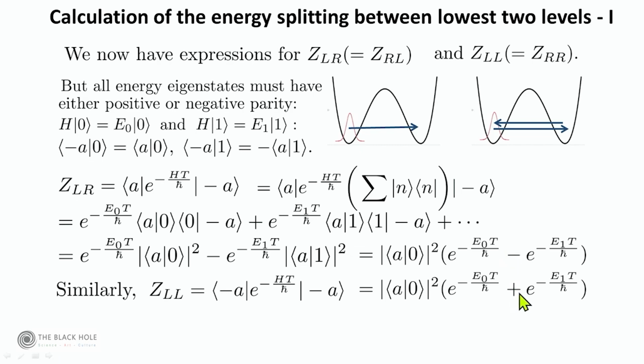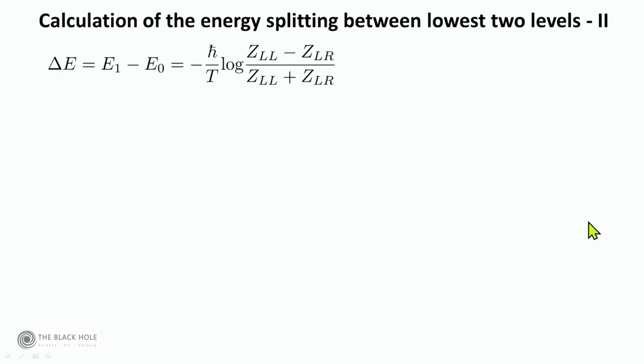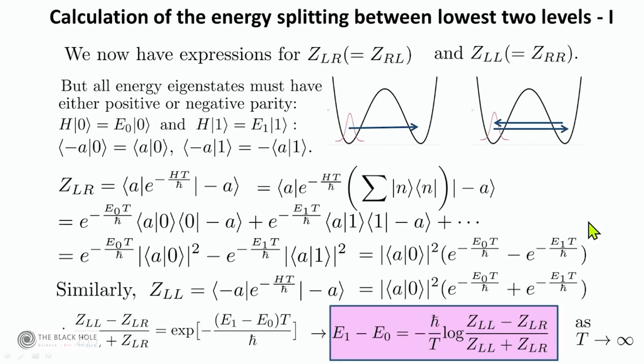So now that gives me an idea. What if I take the difference between this and this? Well, that gives me the exponential of (E1 minus E0) t over h bar. And I repeat that this is for t large, so all this other junk over here has gone away. So now we have our grand formula for the difference between these two tiny energies, E1 and E0.